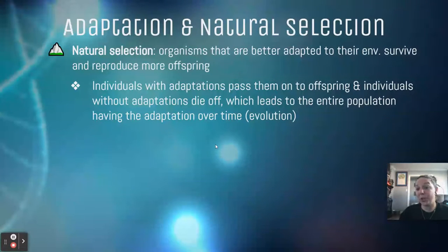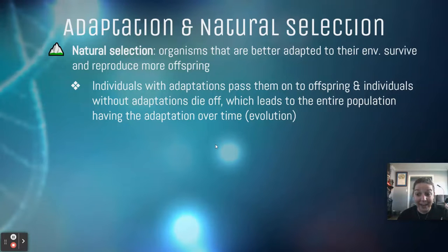So then their offspring have those good traits. And as they reproduce, then they keep passing those good traits down from generation to generation. If we don't have those adaptations, we're going to see those organisms start to die off. And that could eventually lead to the entire population having the good adaptation over time. And that's how evolution works.